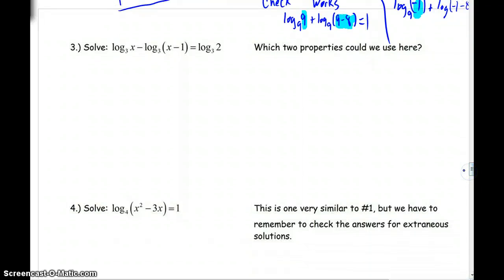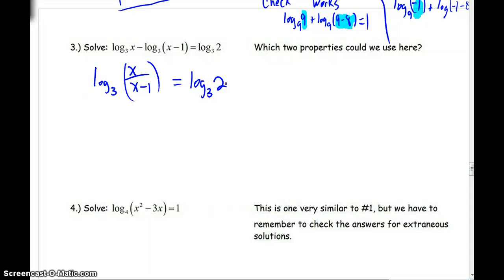Take a look at number 3 with me for a moment. As you look to the left, you'll have the log base 3 combining these two into a division. You can have x divided by x minus 1. But here we go again.